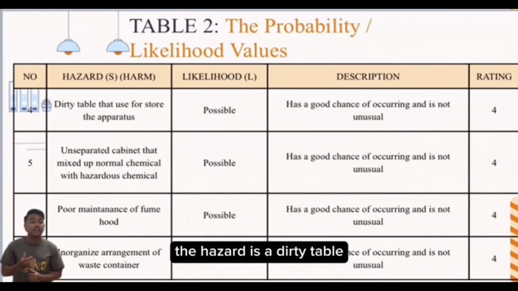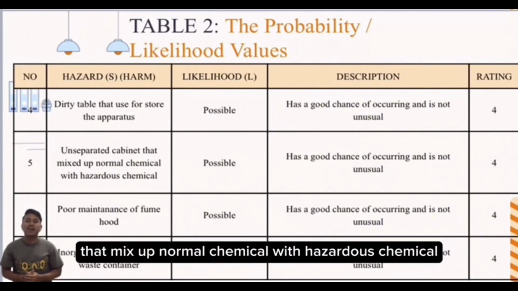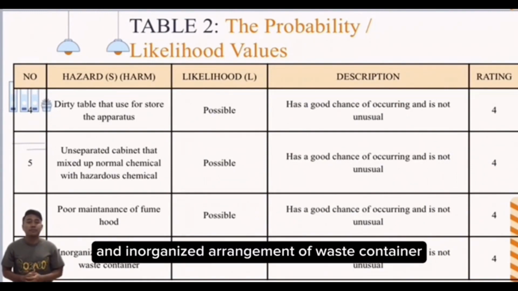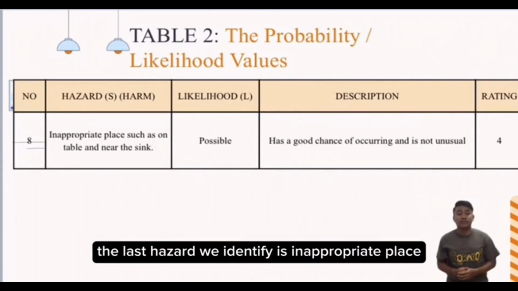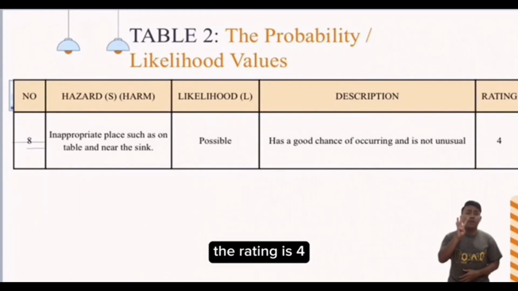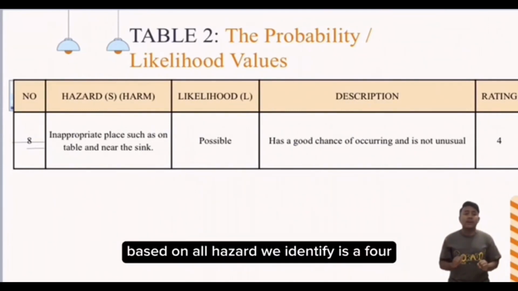The hazards are a dirty table used for storing the apparatus, an unseparated cabinet that mixes up normal chemicals with hazardous chemicals, poor maintenance of the fume hood, and a disorganized arrangement of waste containers. Okay, next, in this slide, the last hazard we identified is inappropriate placement, such as on the table and near the sink. The rating is a 4, which is a possible likelihood. The highest value based on all hazards we identified is 4.